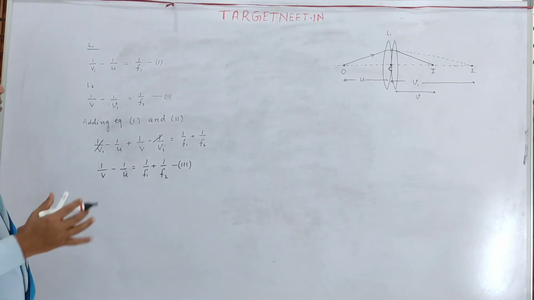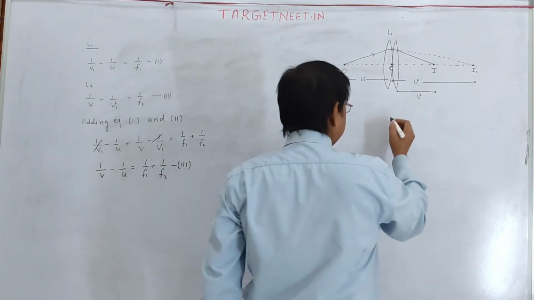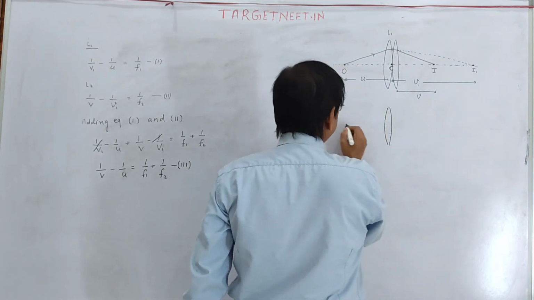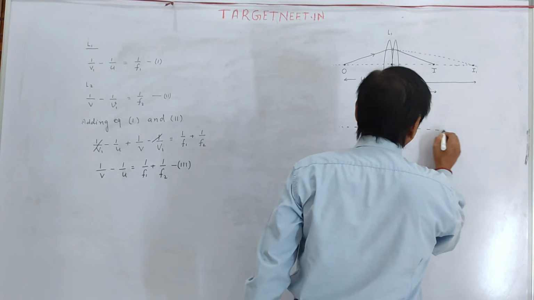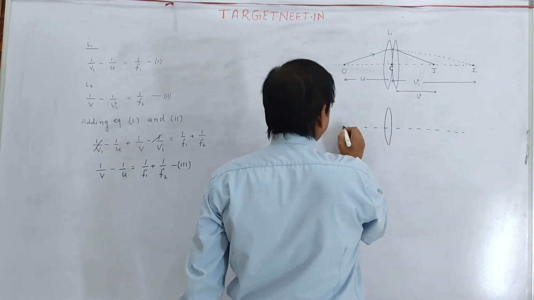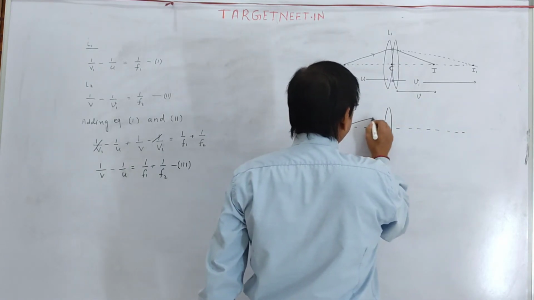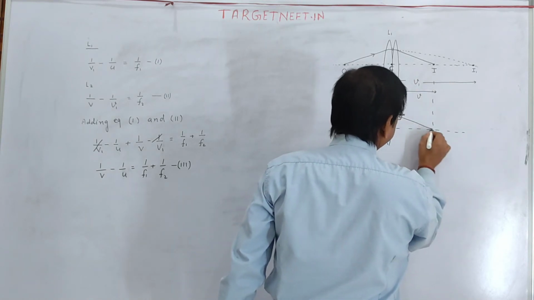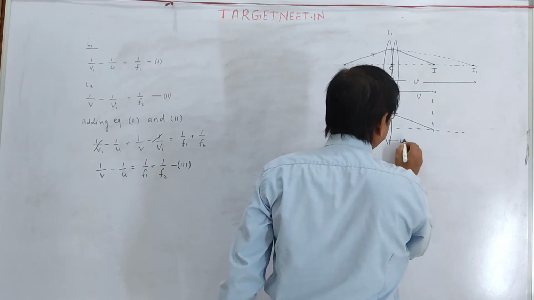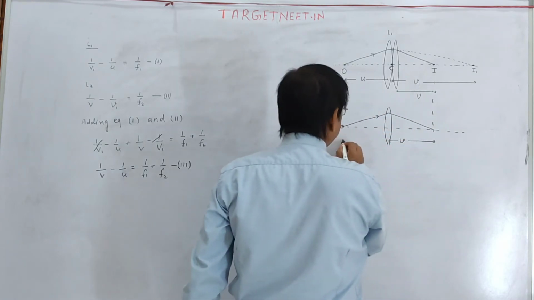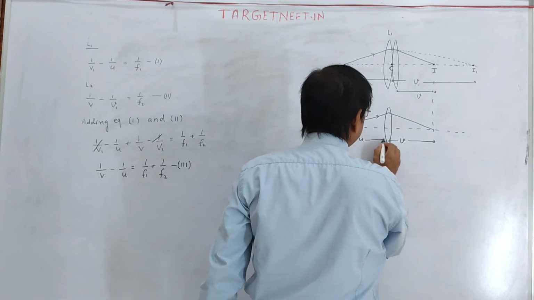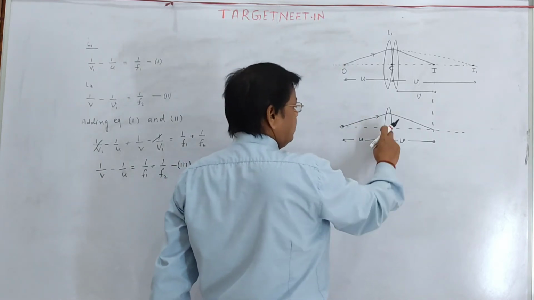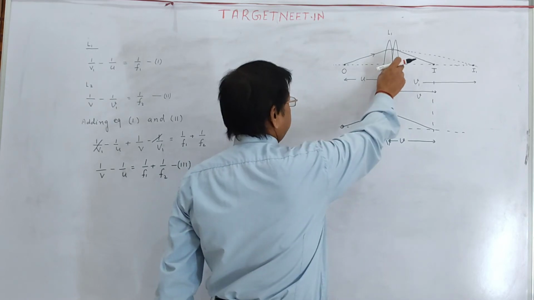Now if I replace these two lenses by a single lens, so that the single lens forms the image of this object at this position at V distance, and the object distance is U, then the single lens behaves like these two lenses.